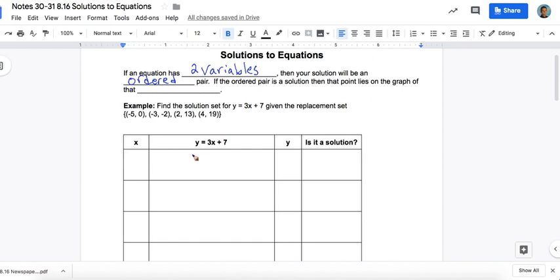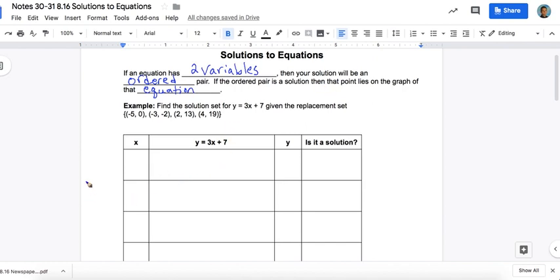If the ordered pair is a solution, then that means that that point lies on the graph of that equation. So in other words, if I were to graph the equation, that ordered pair would land right on the graph of that equation.